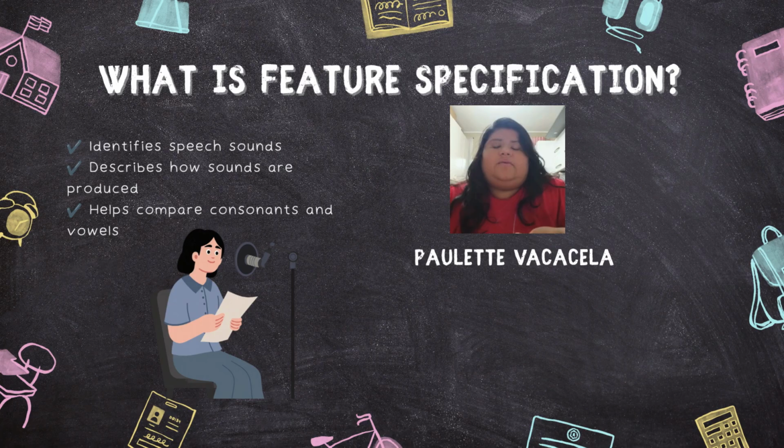On the other hand, we have the B that is also a bilabial stop, but it is voiced because the vocal cords vibrate. So, these descriptions help us compare sounds and understand the pronunciation of American English more specifically.